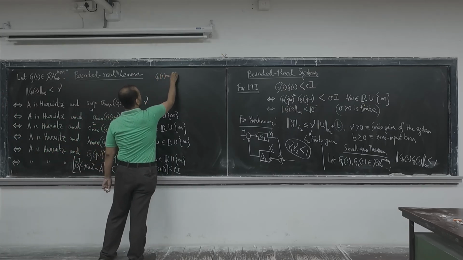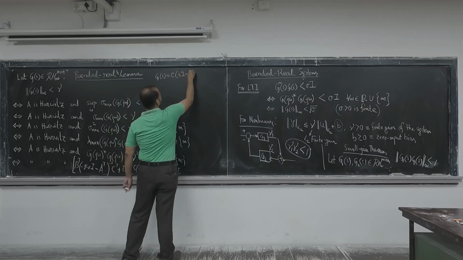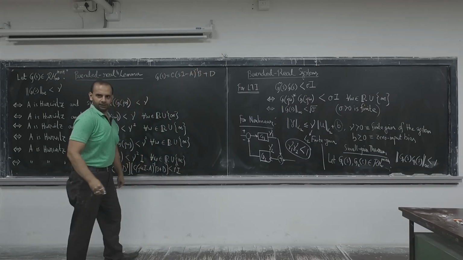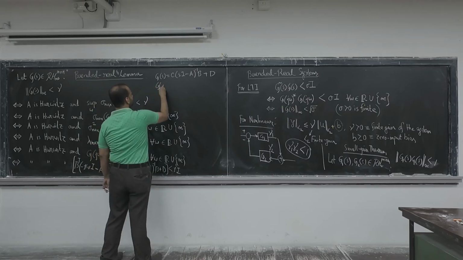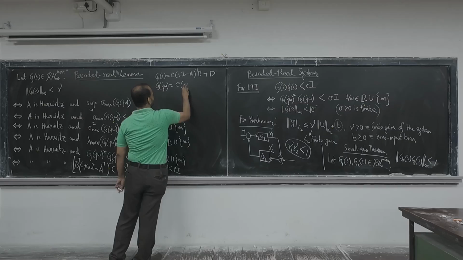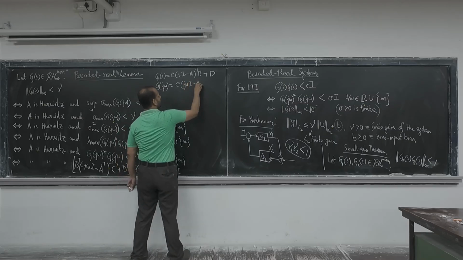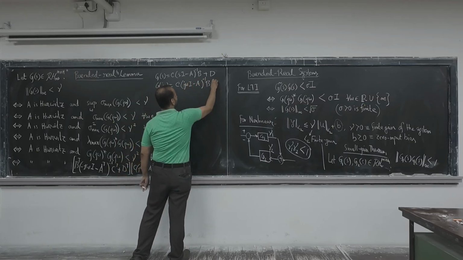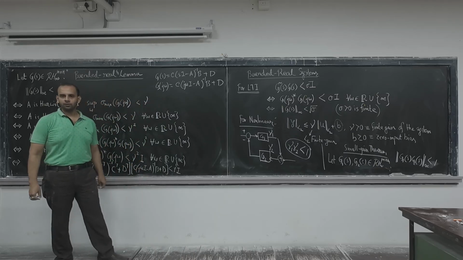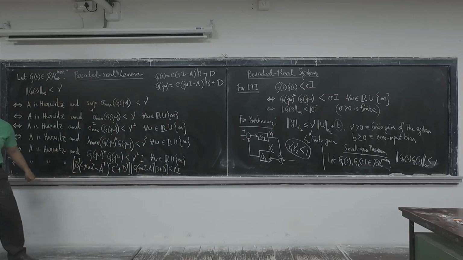It is G of s equals C into sI minus A inverse into B plus D. If that is the situation, then immediately you can write G of j omega equals C into j omega I minus A whole inverse into B plus D. And if you take the complex conjugate transpose, then exactly this thing will come, right?